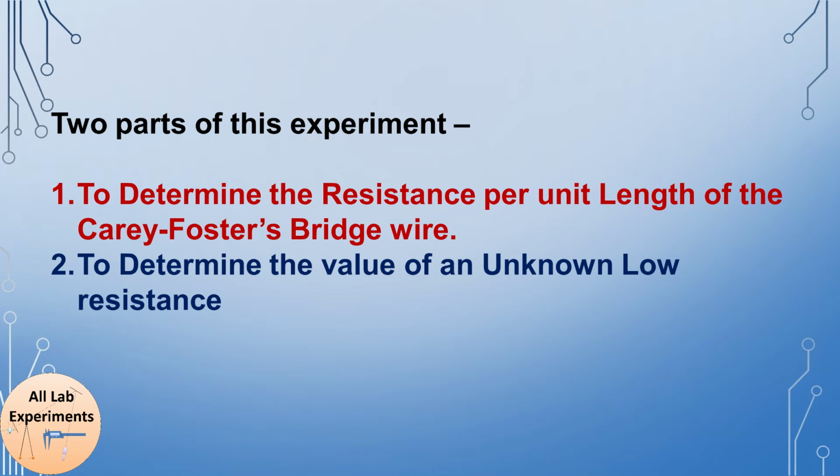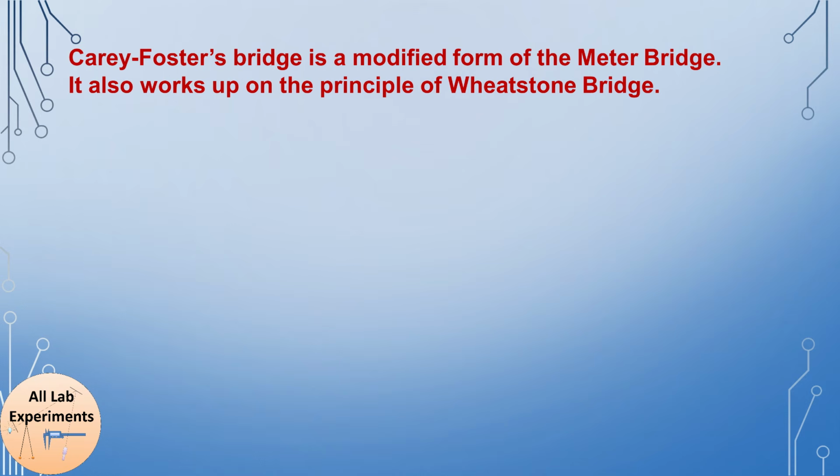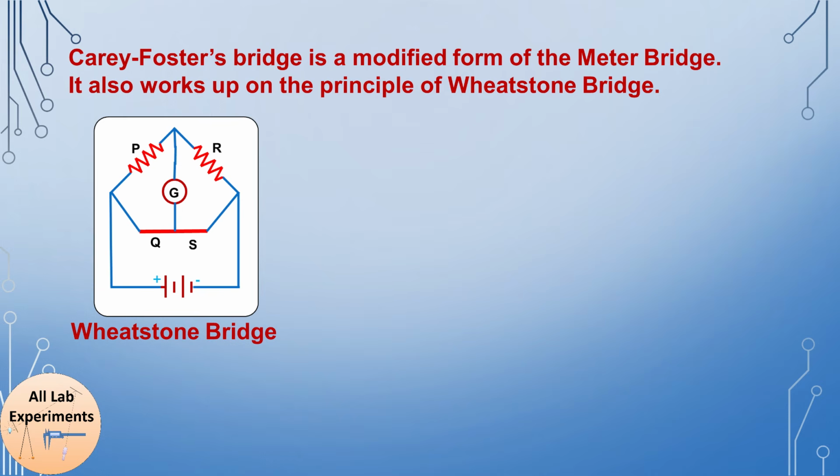Basically, a Carey-Foster bridge is a modified form of the meter bridge. It also works on the same principle as Wheatstone bridge. So let us take a circuit diagram of Wheatstone bridge. I have modified this diagram in a way in which instead of showing Q and S as separate resistances, I have shown this as a resistive wire.